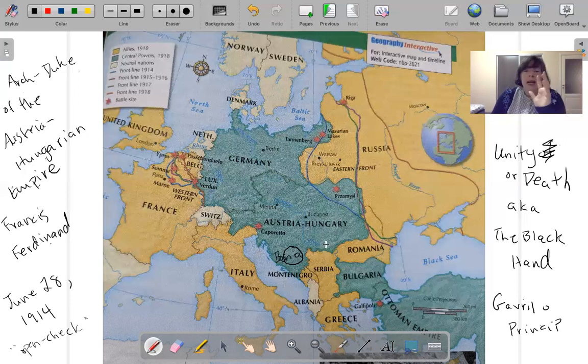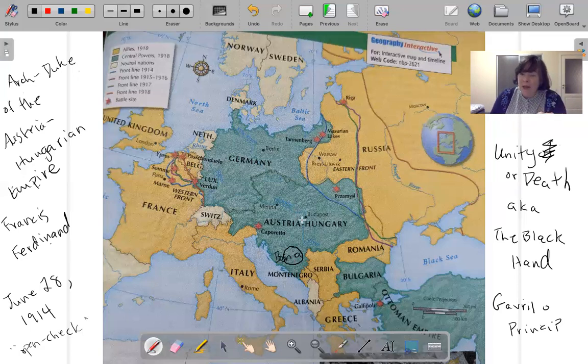So I know you probably got it, but I'm going to tell you all of that quickly again because it is so important. On June 28th, 1914, Gavrilo Princip, a member of Unity or Death, a terrorist group from Serbia, murdered the Archduke of the Austria-Hungarian Empire, Francis Ferdinand, while he was visiting Bosnia.